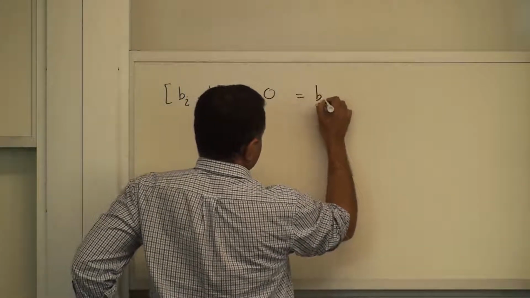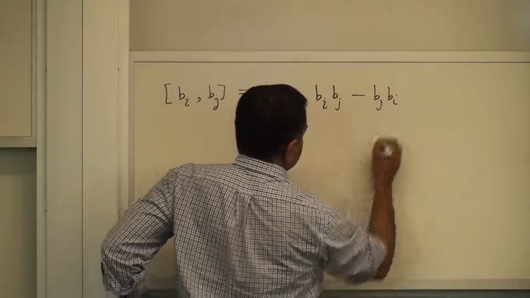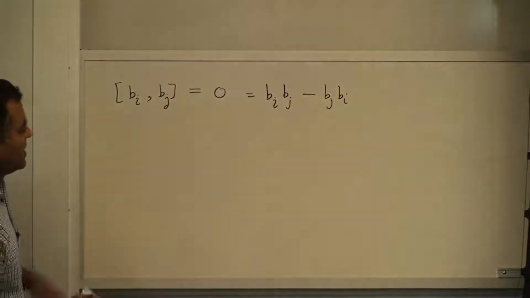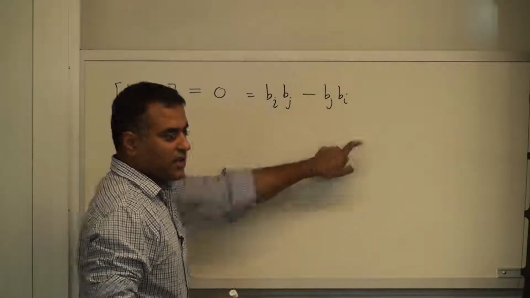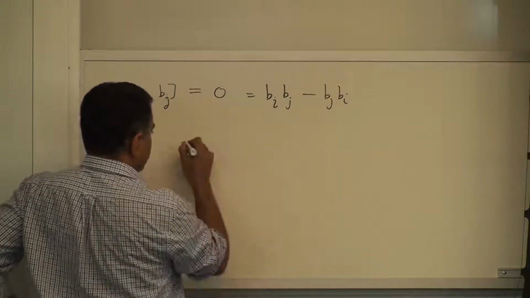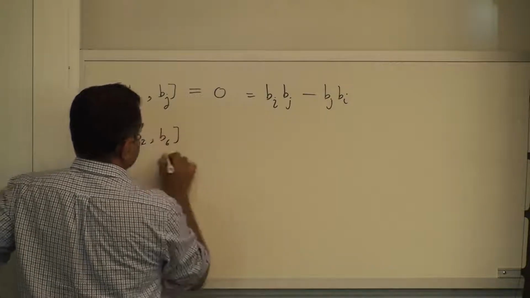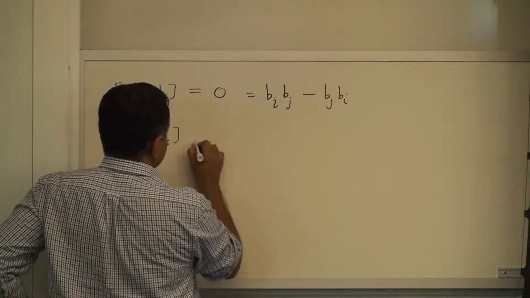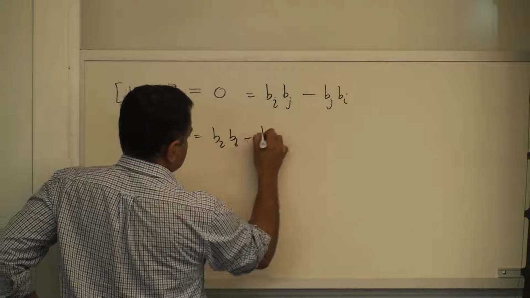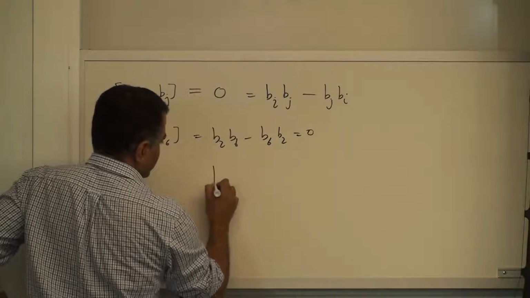What does it mean? bi bj minus bj bi, they are equal. In a specific example, B2 B6 minus B6 B2 is equal to 0. That means let's operate it on a state.